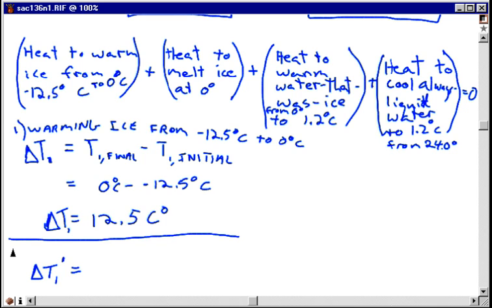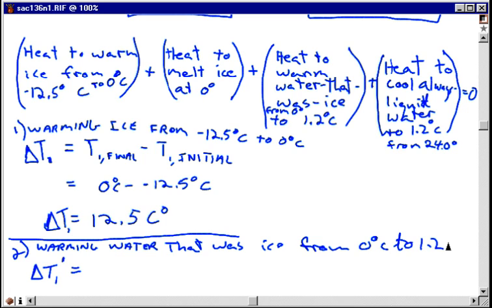And delta T1 prime is going to be the temperature change that occurs when you warm water that was ice from 0 to 1.2 degrees Celsius, and that'll be T1 prime final.